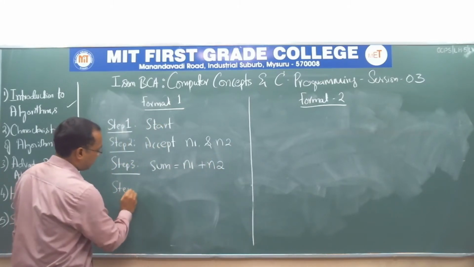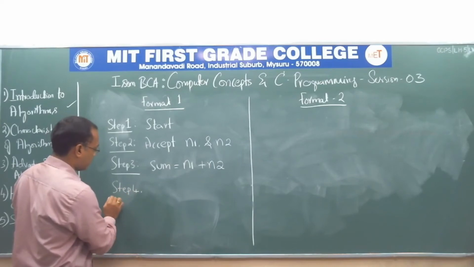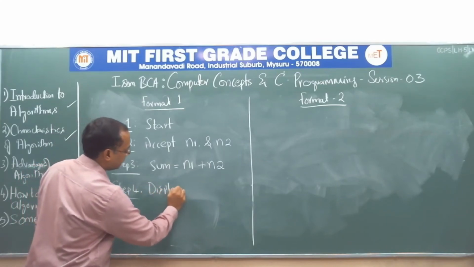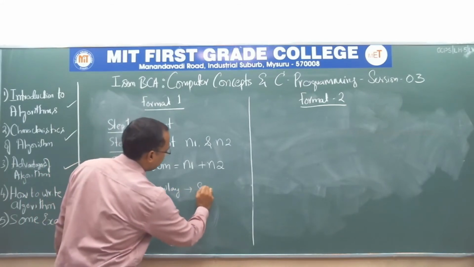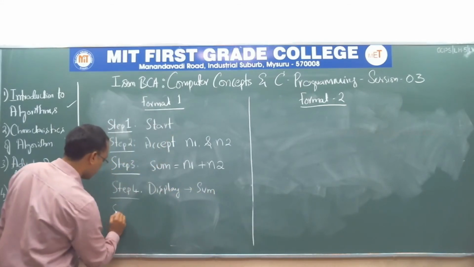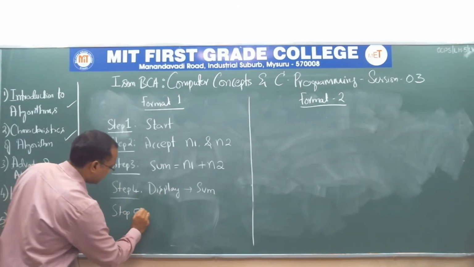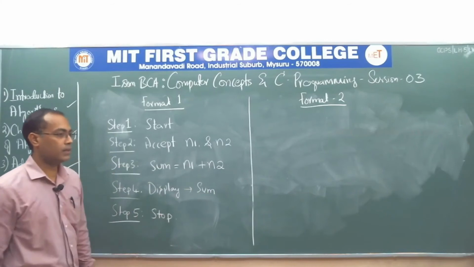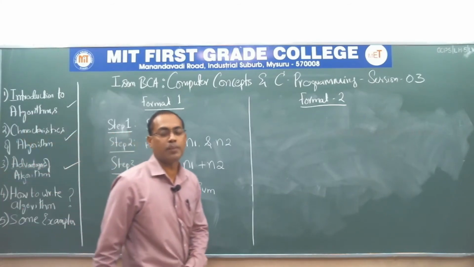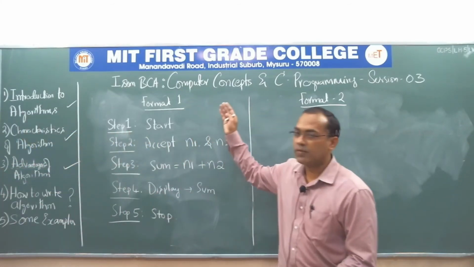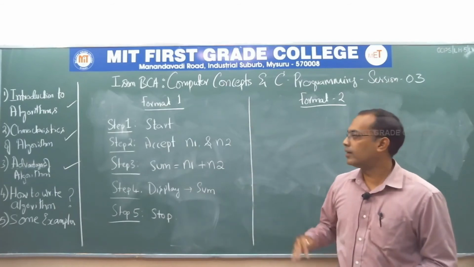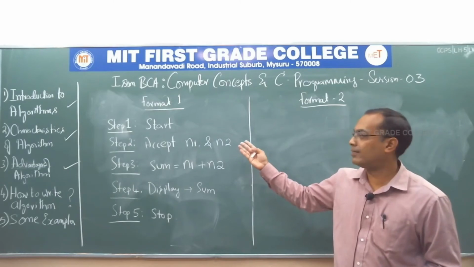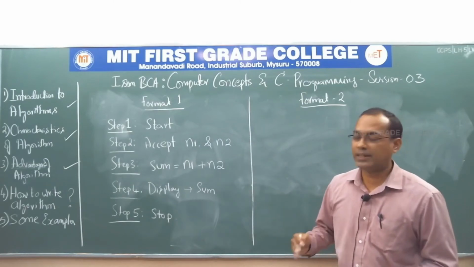Once you have computed, you have to display the result to the outside world. You just use display sum. Once you have done it, gracefully terminate by specifying the word stop. So this is the first format of writing the algorithm, which is closely the same as the example I have taken to prepare a cup of tea.